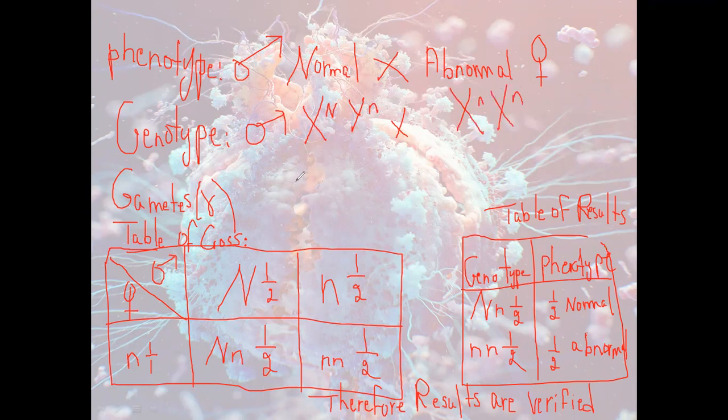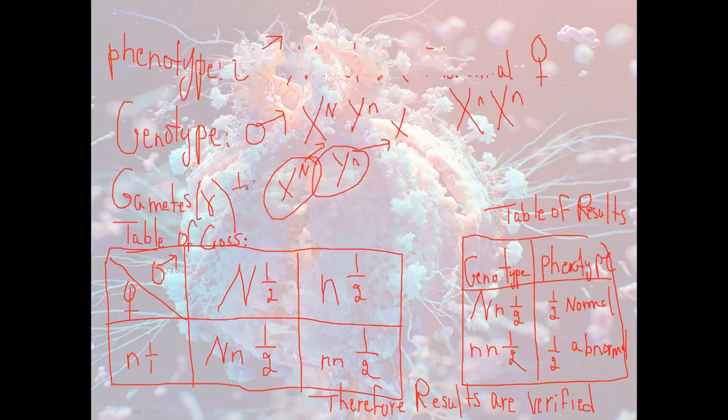Okay? What are the gametes? X N capital and Y N small. So this one will be 1 over 2 and this one will be 1 over 2. Here I'm talking about if it's sex-linked.